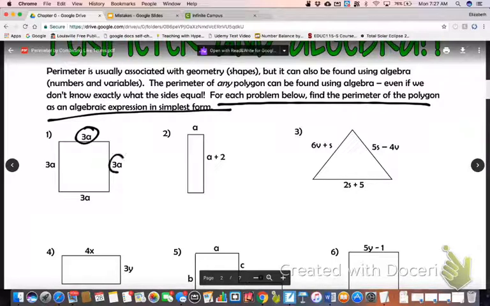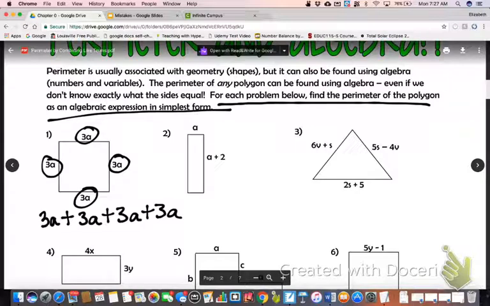I have a 3a, a 3a, a 3a, and a 3a. So remember, perimeter is adding every side together. So 3a plus 3a plus 3a plus 3a. You guys probably already see where this is going. 3, 6, 9, 12 a's is what I should get for the perimeter of that shape after I've simplified the expression.